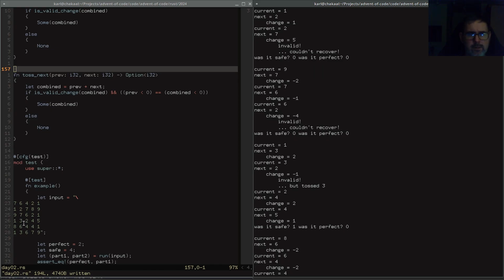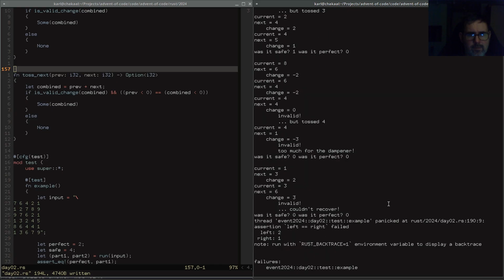So 1 and 3, the change was 2. So then 3 to 2, the change is -1, so it was invalid. But if we tossed out 3, so 2 and 4 is 2. So it was safe, but it was perfect.